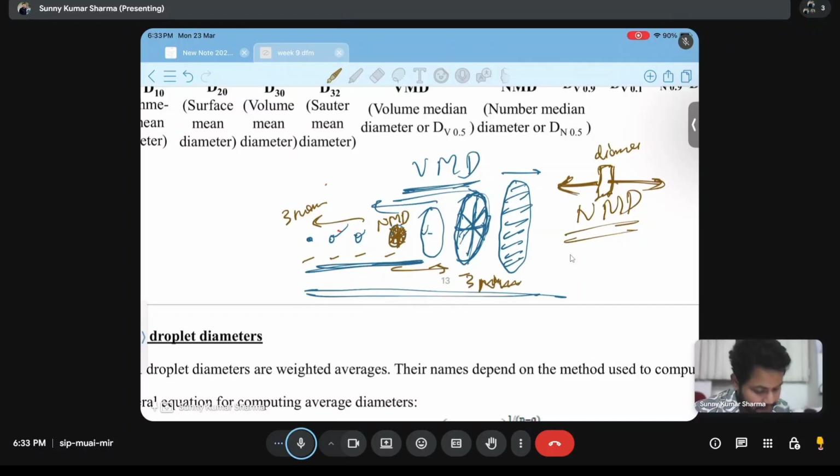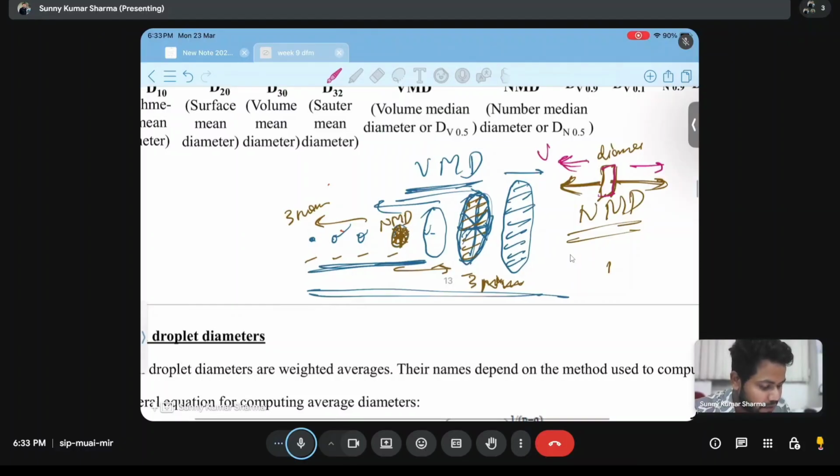Yes, sir. That is the case I'm explaining for VMD. VMD is again one diameter below which there is some volume, and after which some volume is there. If that amount is equal, that diameter will become the volume median diameter.